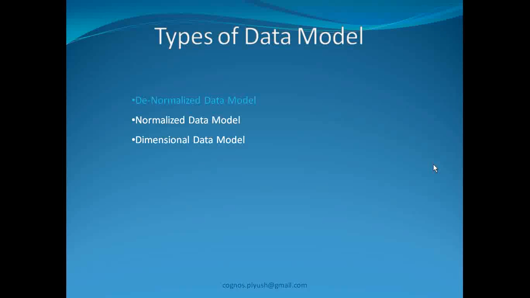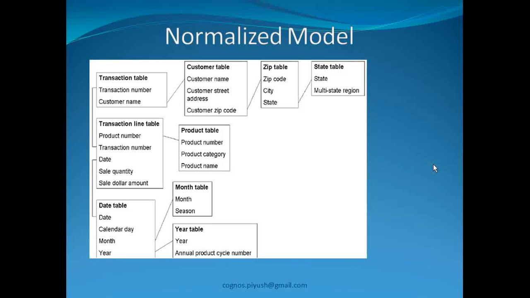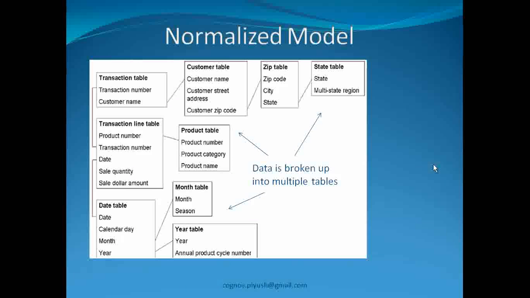Now take a view on the normalized data model. Let's take an example of this table structure. Here you will find different tables with respect to different areas of representation, so the data is broken up into multiple tables. It's a normalized model. It is often used in transaction based systems, like here an order entry example.